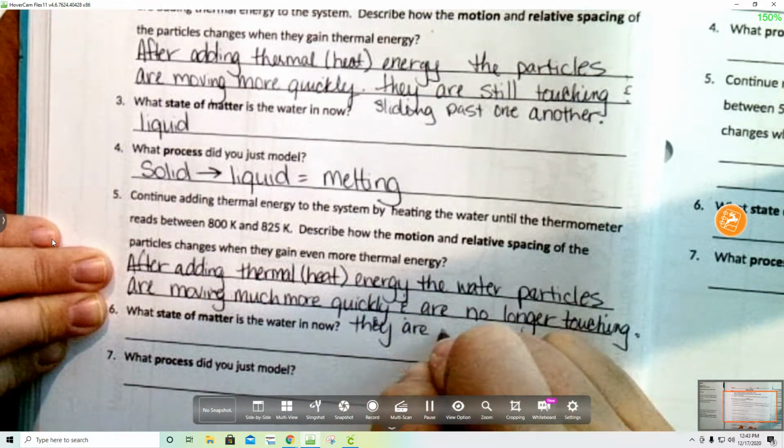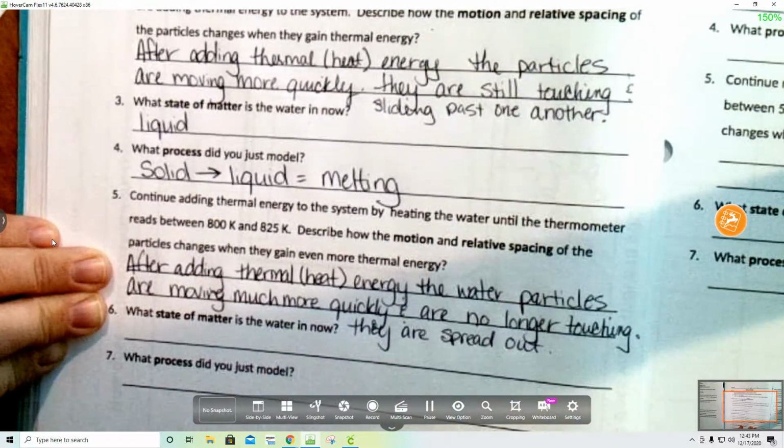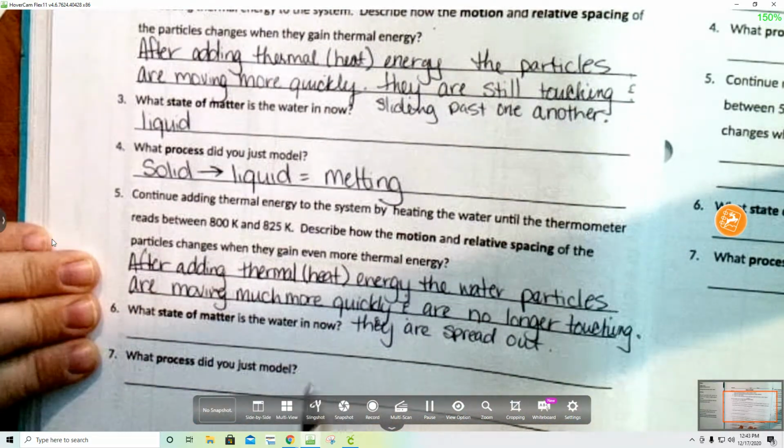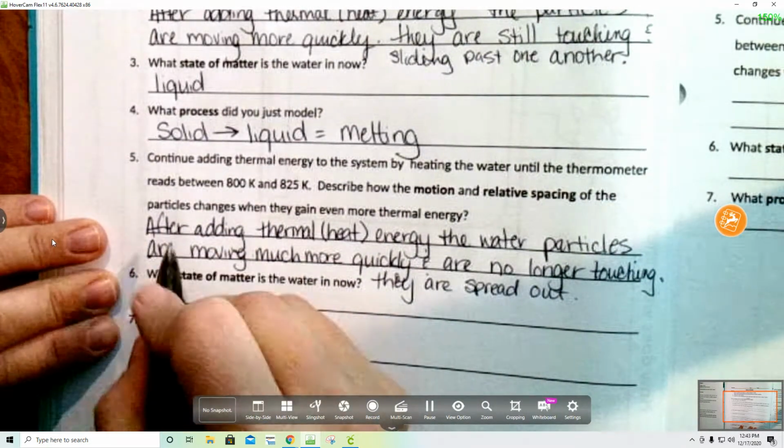They are spread out. What state of matter is this in now? Hopefully you wrote a gas.